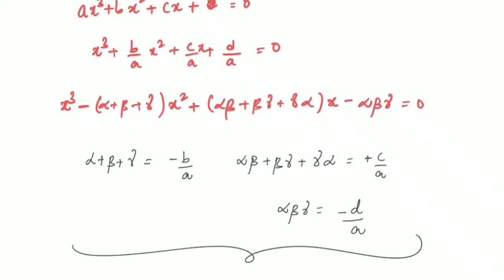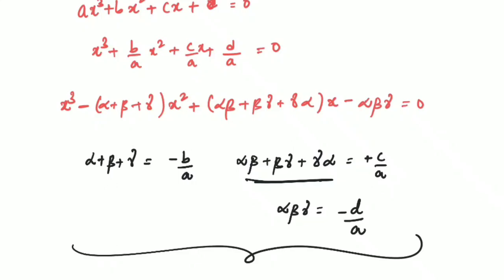So this is the basic we need to know before we solve the cubic one. Sum of roots is minus b by a. Sum of product of roots is c by a. Product of roots or product of zeros is minus d by a. Zeros or roots, both of them are the same. So sum of zeros is minus b by a, sum of product of zeros is c by a, and product of zeros is minus d by a.